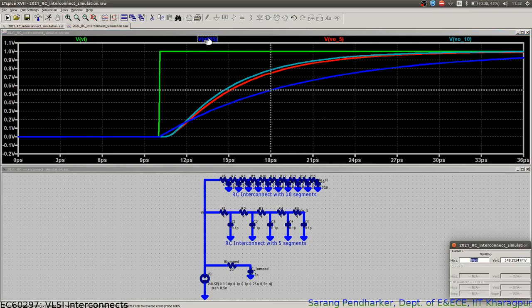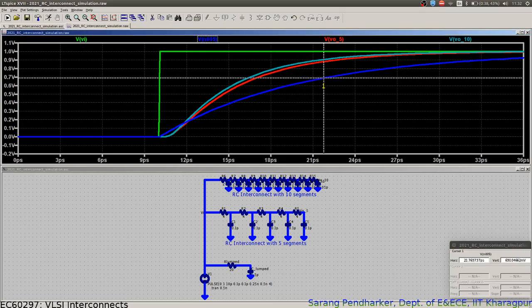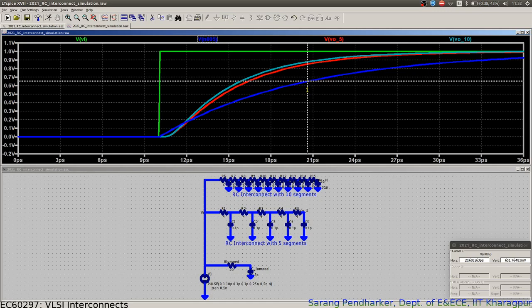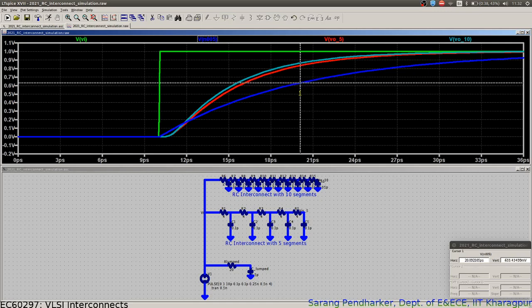This is my lumped model. Taking 0.63, the value here is 20 picoseconds. Input starts at 10 picoseconds, so my delay is 10 picoseconds here.